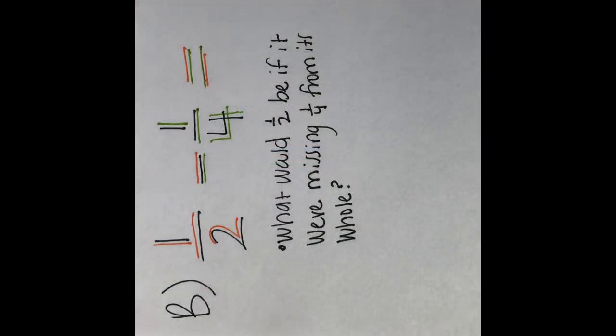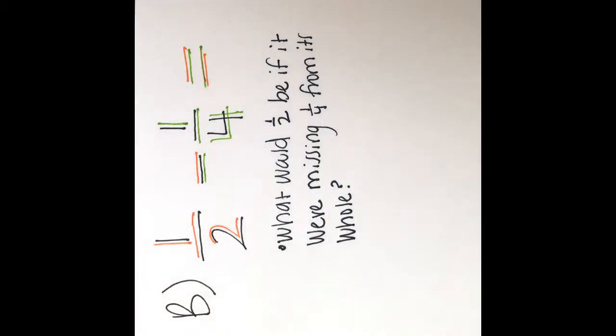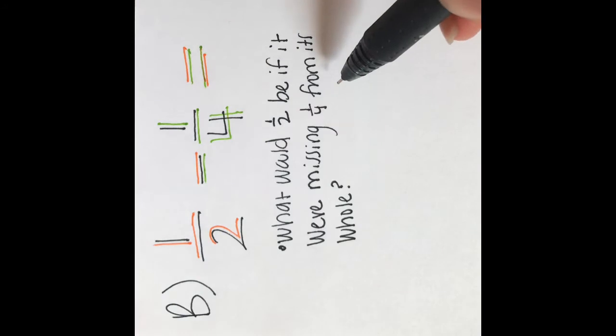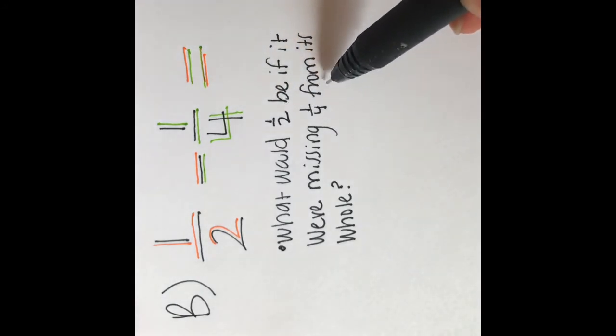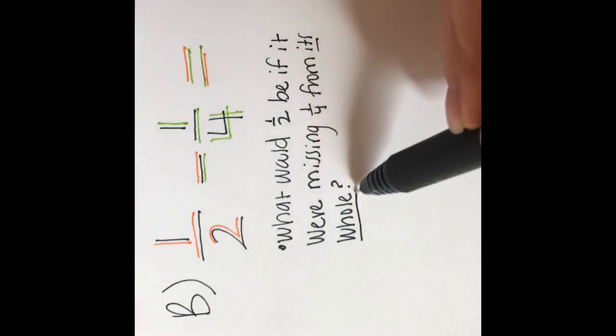Part B asks what is 1/2 minus 1/4. So the first thing that I thought of to solve this problem was to ask myself, what would 1/2 be if it were missing 1/4 from its whole? And it's really important to note that it's missing 1/4 not from its 1/2, but it's missing 1/4 from its whole.